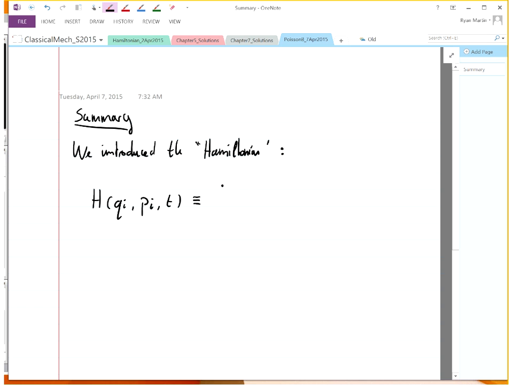The Legendre transform is taken by doing the sum over the degrees of freedom, from i equals 1 to n, of the conjugate momenta multiplied by the corresponding coordinate dotted, minus the Lagrangian. So that's the definition of the Hamiltonian.